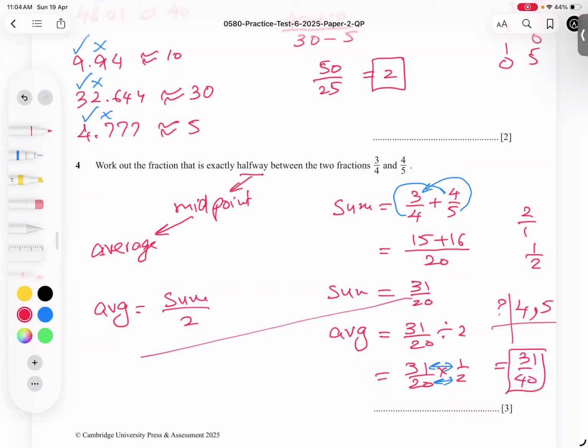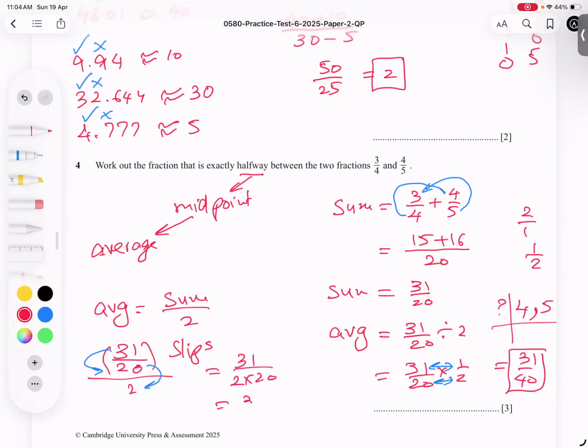Way number 2, students, what I said before, 31 by 20 divided by 2 is a fraction. So when a fraction is on top, it always slips. Slips means what? This 31 will come here and 20 will go down. This is called the slipping criteria, and 2 down to 20 and we got the same answer. I think the idea is clear. But an extra part I'm teaching here: top fraction A by B, it will slip.